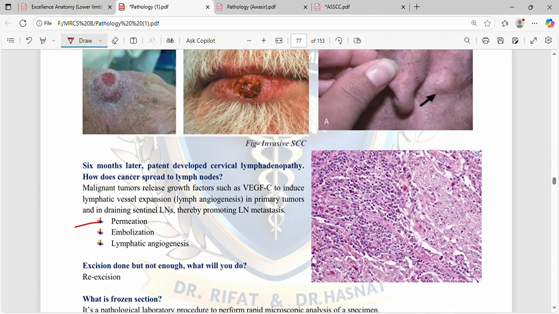This can be through permeation. For example, there are lymph nodes and these are the tumor cells, so they can invade directly and go in. So permeation and embolization through vessels, and lymphatic angiogenesis through vascular endothelial growth factor, can do this.